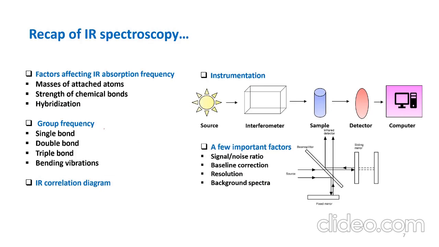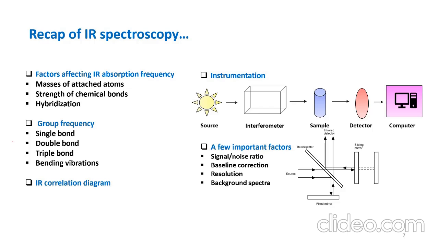This IR absorption also depends upon certain factors, like the masses of the atoms attached. Depending upon the mass, the IR absorption will vary. Then the strength of the chemical bonds: double bond, triple bond, and single bond. All of those will have a specific region of absorption of the IR spectrum.